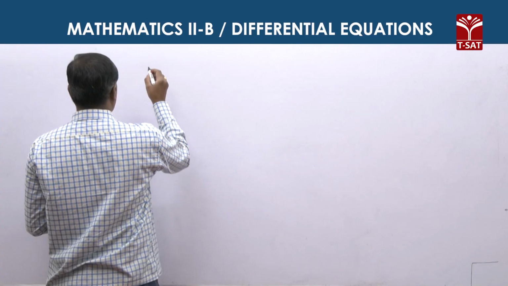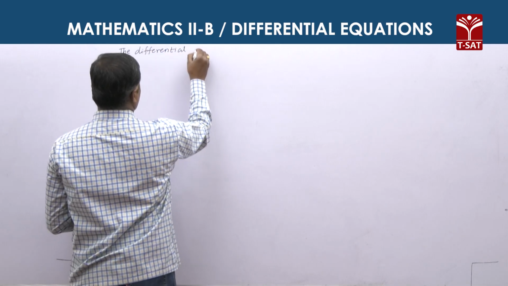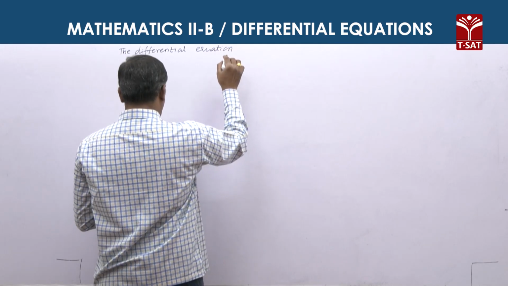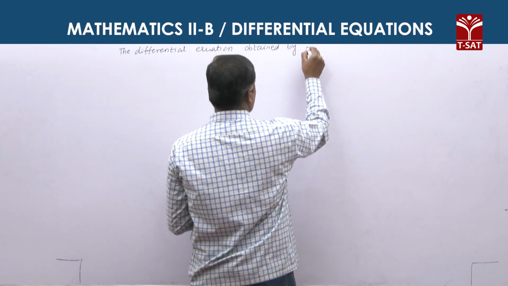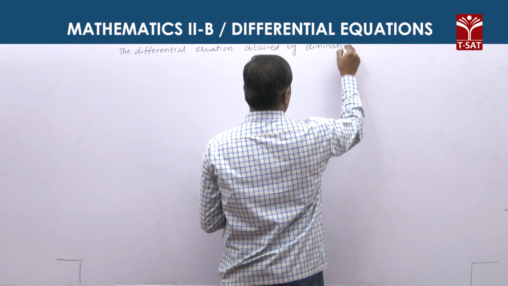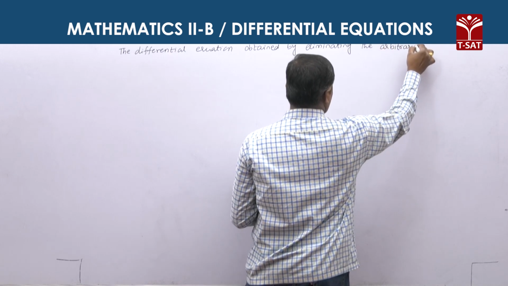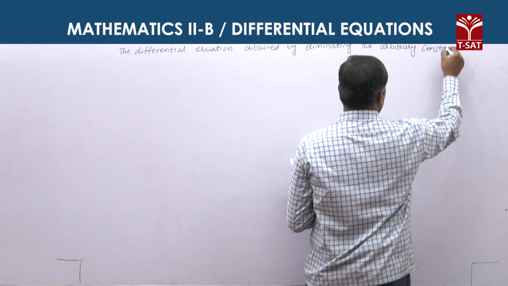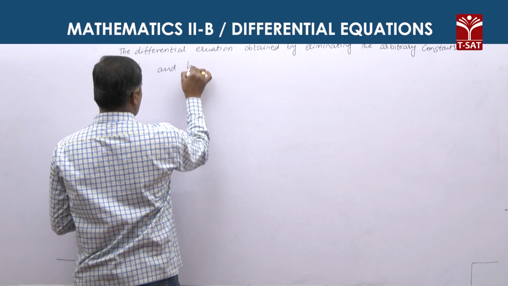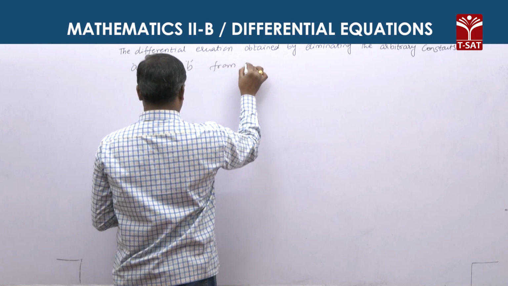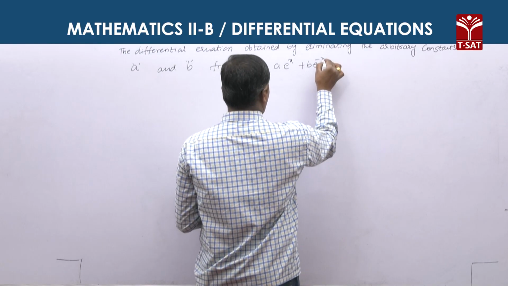Next problem: the differential equation obtained by eliminating the arbitrary constants a and b from xy is equal to a e power x plus b e power minus x.